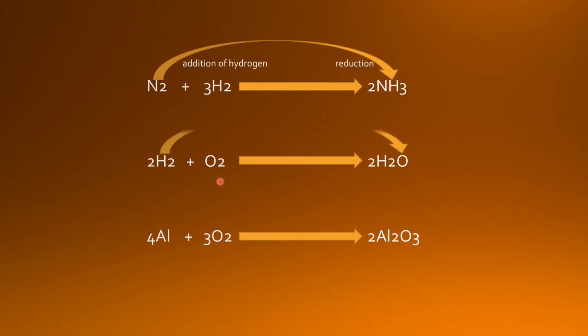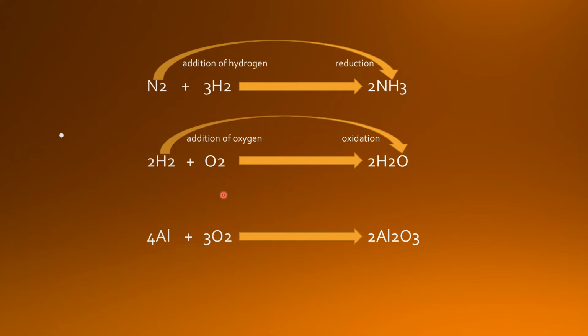In the second example, we see the reaction between hydrogen and oxygen and the formation of water. Here oxygen is added to the hydrogen, and when oxygen is added to hydrogen, it changes into water. So addition of oxygen is taking place here, so it is the process of oxidation.